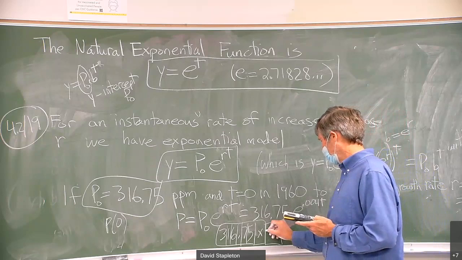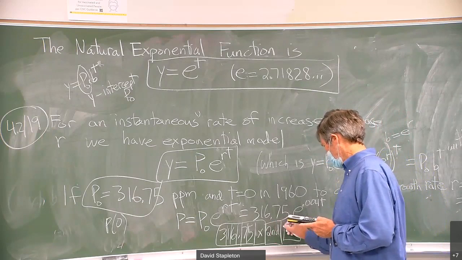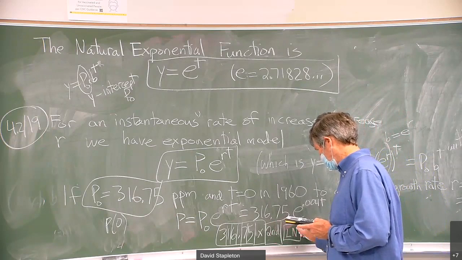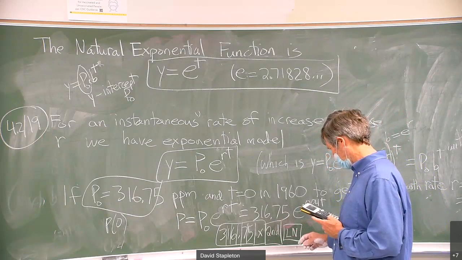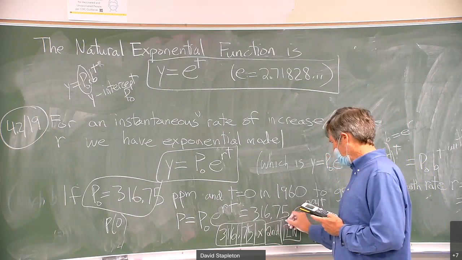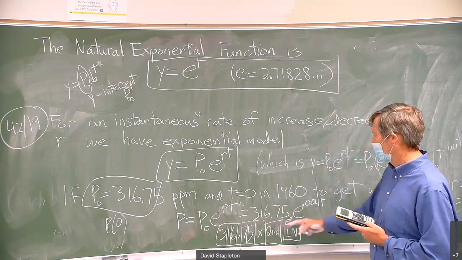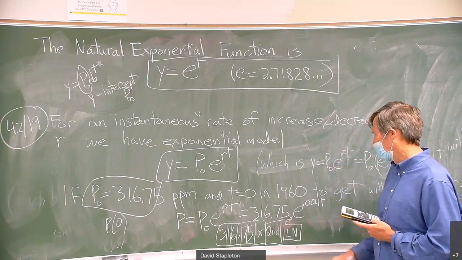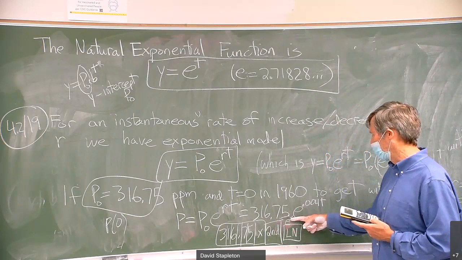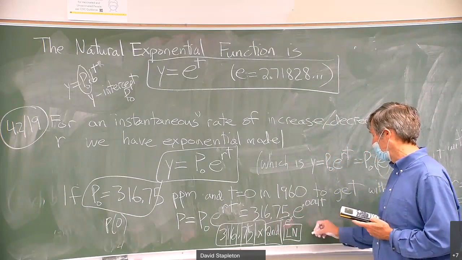So you have to push the second button on the TI-84. And the button that says LN, which stands for natural logarithm, by the way, we'll talk about it. Because above LN is e to the x. That's what we want, is e to a number. So push second LN to get the e to the x instruction. And then it will put in a parenthesis automatically.